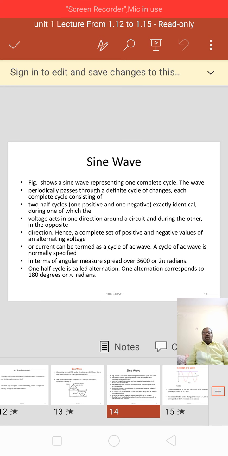A cycle of an AC wave is normally specified in terms of angular measure, spread over 360 degrees or 2 pi radians.